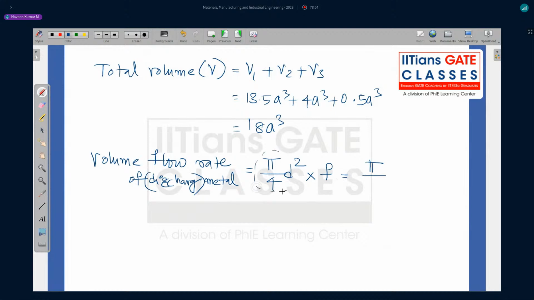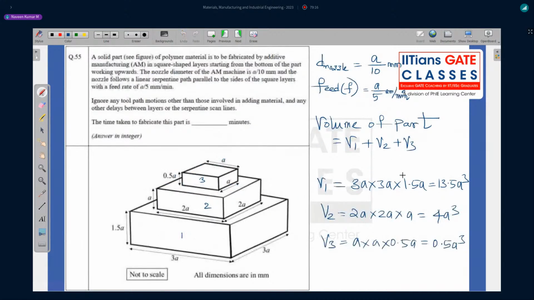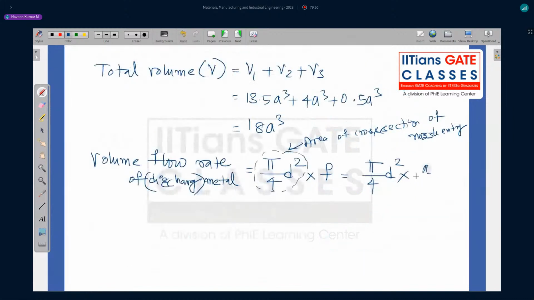So this is the area of cross section of nozzle entry, right? So pi by 4 d square into feed rate, which was A by 5.